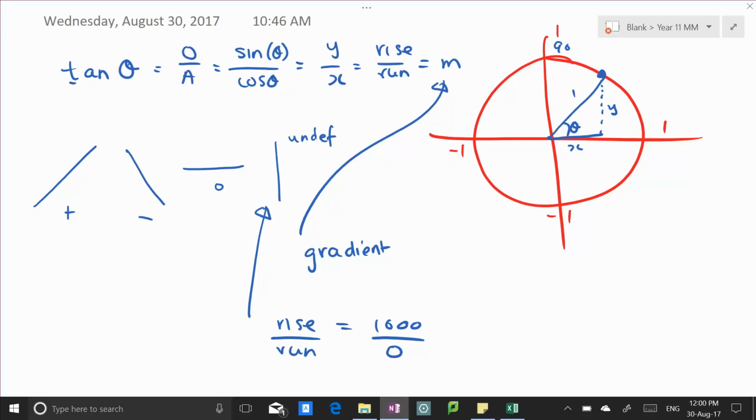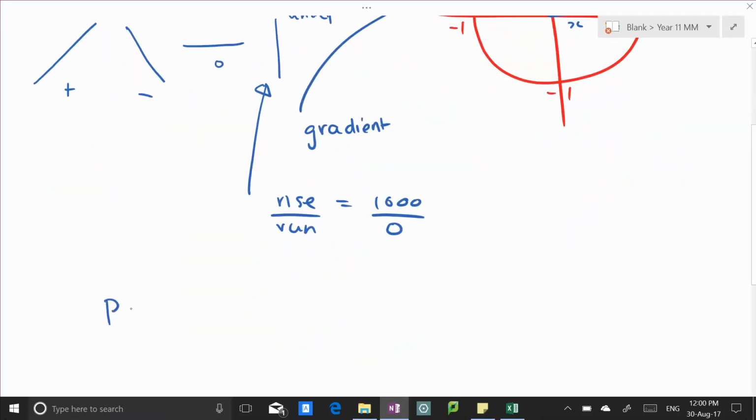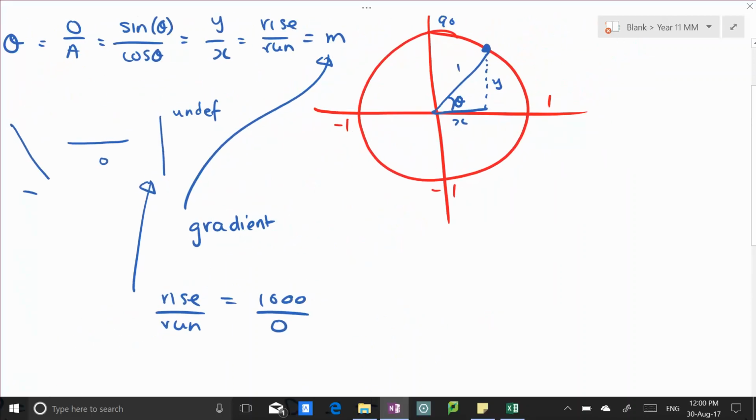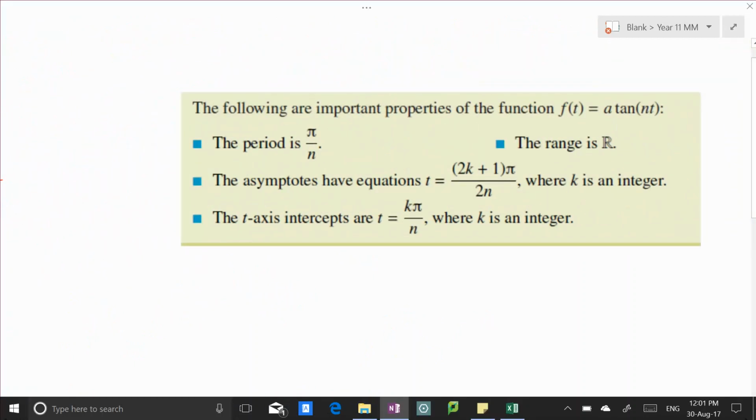Sine and cosine had a period of 2 pi to make one cycle. Tan, on the other hand, has a period of pi, because it goes from 0, and when do I touch 0 again? After 180 degrees.